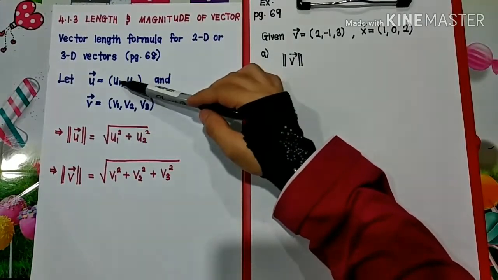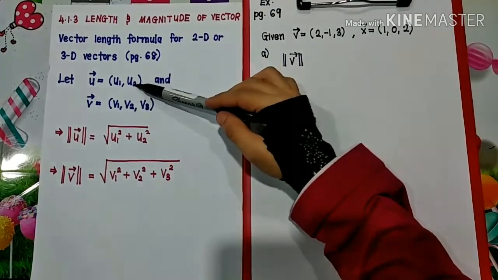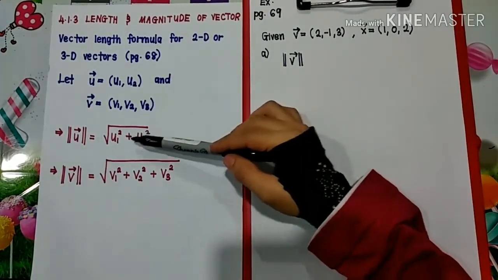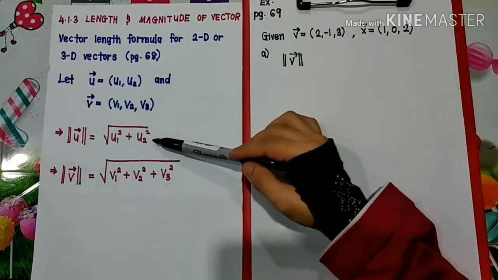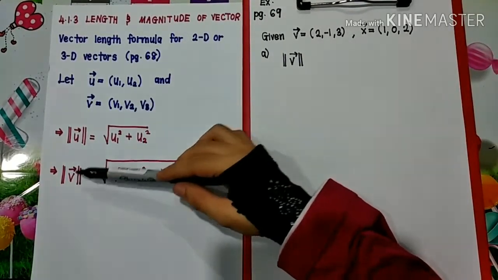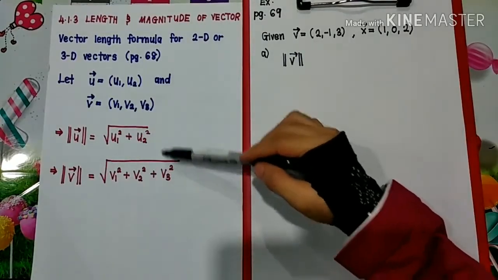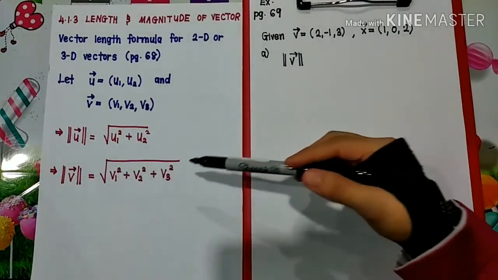For u, you take the first element u1 squared, plus the second element u2 squared, then you put the square root. Same thing for the vector v in R3: the magnitude of v is the square root of v1 squared plus v2 squared plus v3 squared.